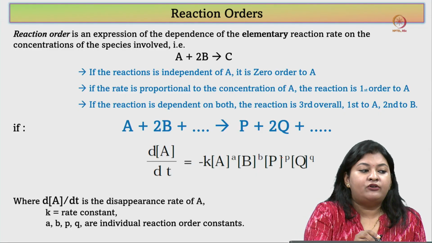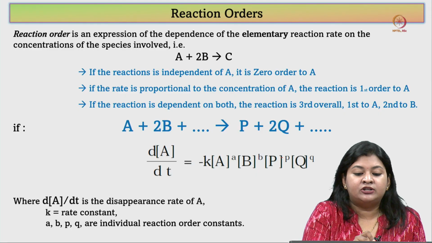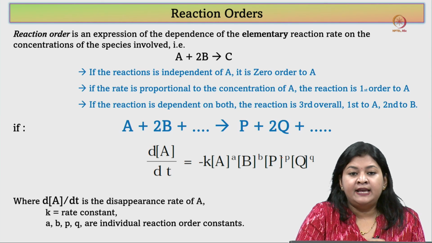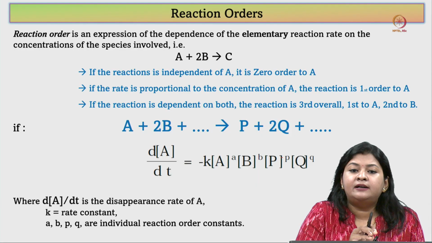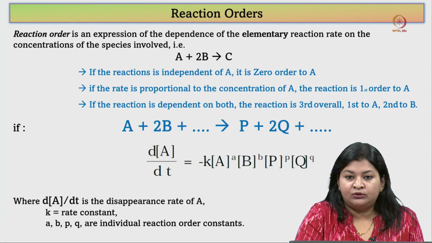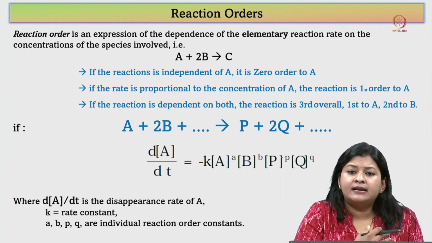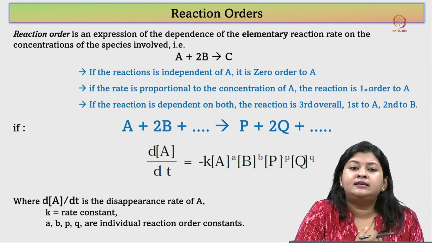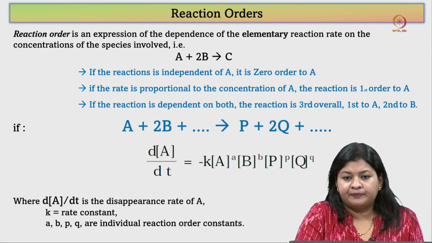Say for instance, you have this equation A plus 2B is producing C. If the reaction is independent of A, it is called 0 order with respect to A. What does that mean physically?